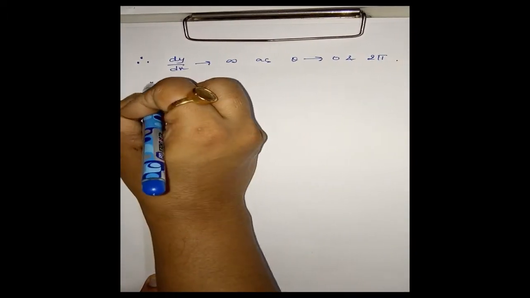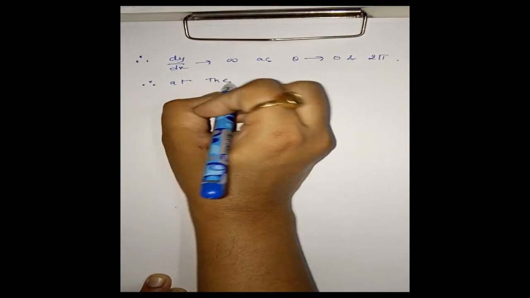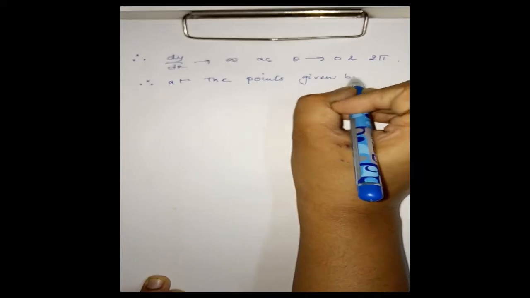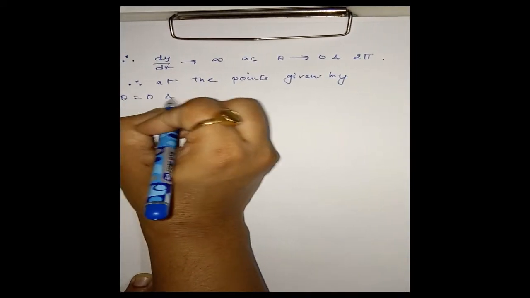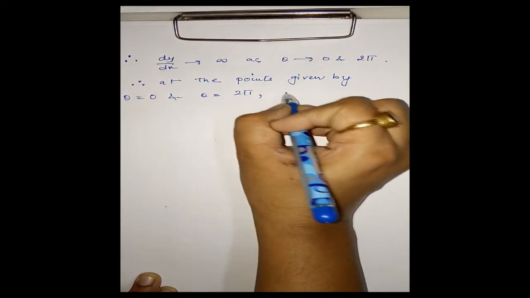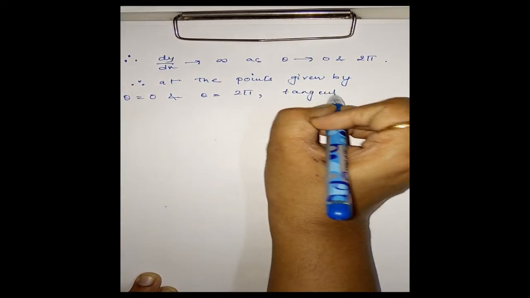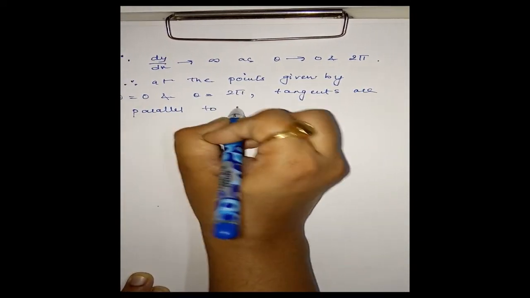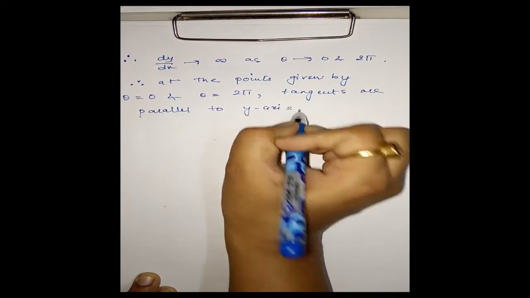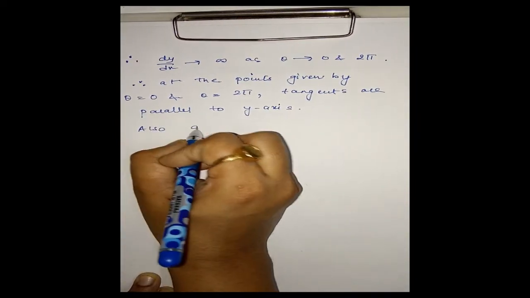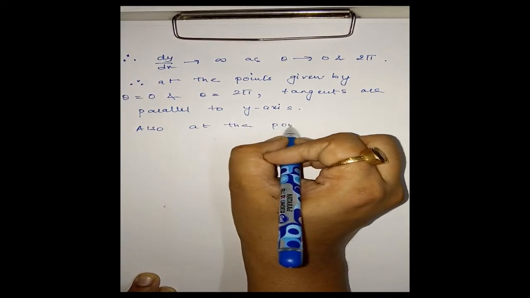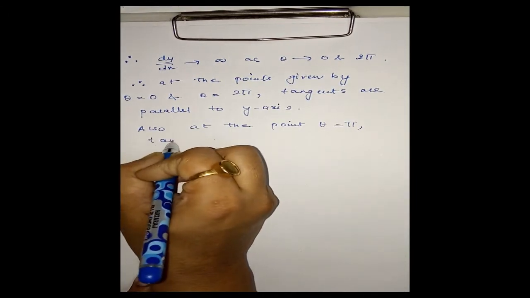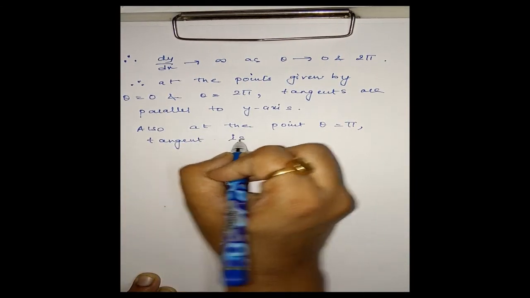Therefore, at the points given by theta equal to 0 and theta equal to 2 pi, the tangents are parallel to the y-axis. Also at the point theta equal to pi, the tangent is parallel to the x-axis.